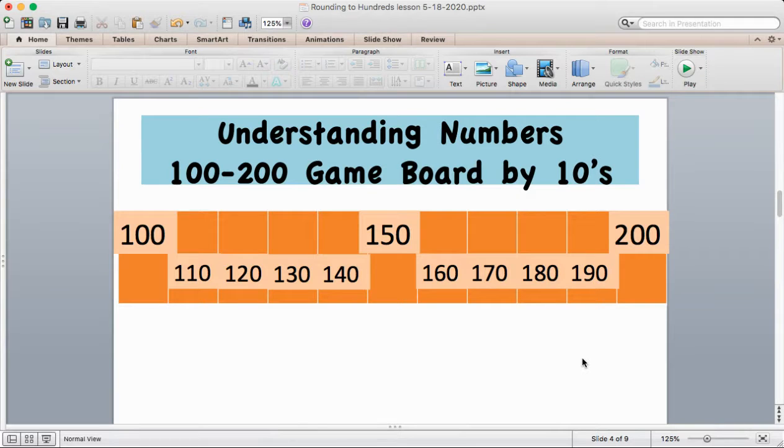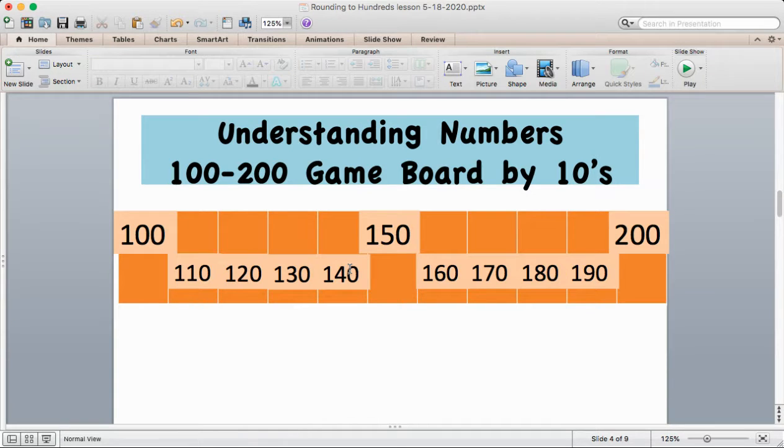The next thing we're going to do is understanding numbers, 100 to 200. And this is our game board, and it's by tens. So we worked with 100 being our anchor, 200 being our anchor. The mid number is 150. If we're working in our tens, it's the same as our 1, 2, 3, 4, 5.